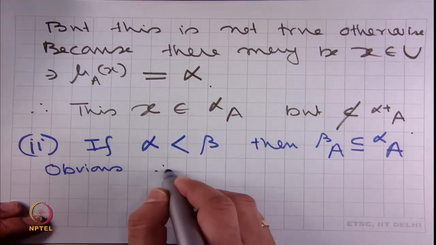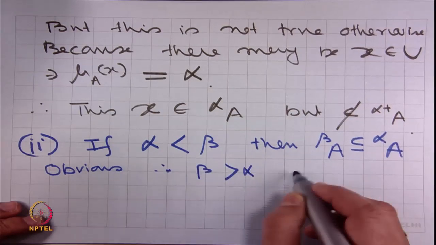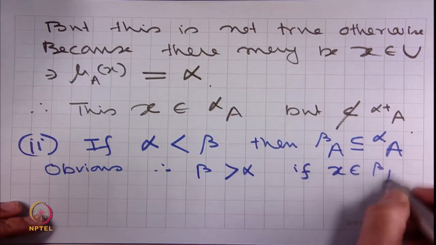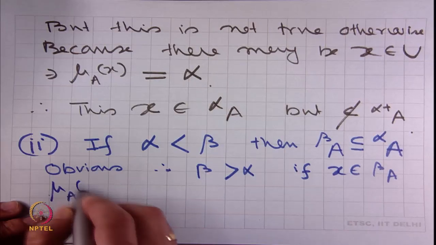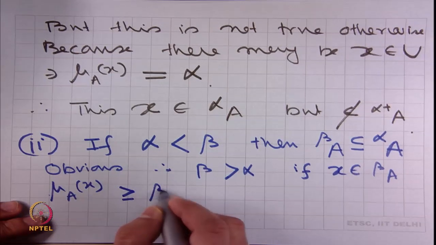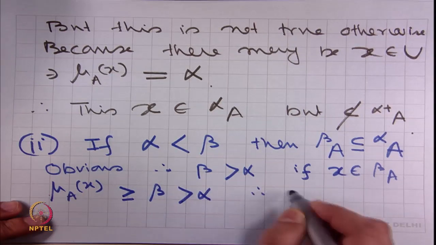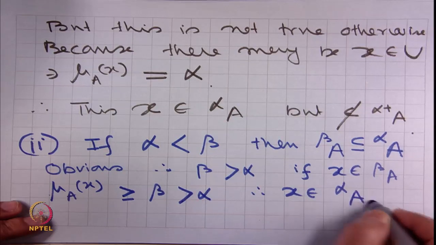Since beta is greater than alpha, if x belongs to beta cut of A, mu A of x is greater than equal to beta, which is greater than alpha. Therefore, x belongs to alpha cut of A.